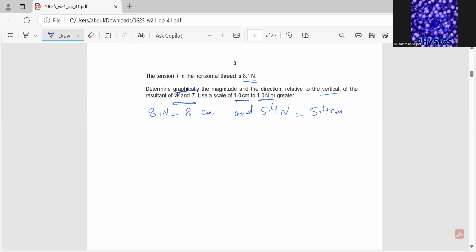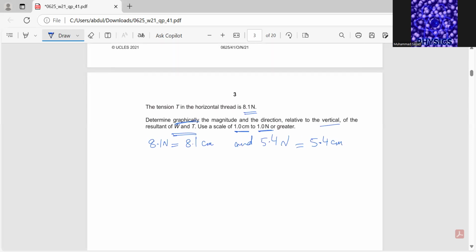Now I'm proceeding accordingly, but we need to know the direction: north, east, south, west. 8.1 is due east. Weight 5.4, that is, weight is always vertically downward.